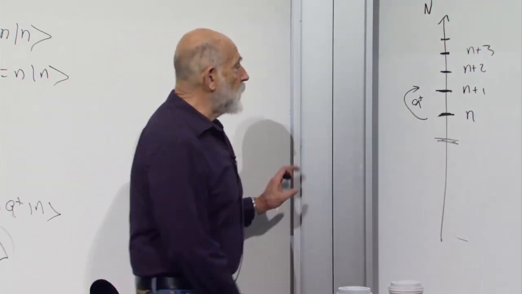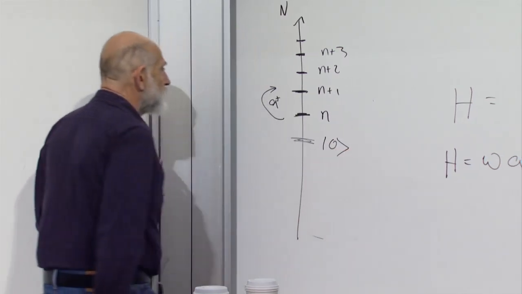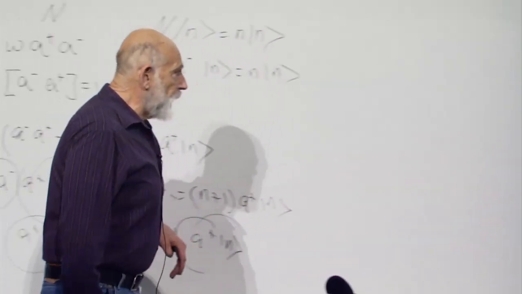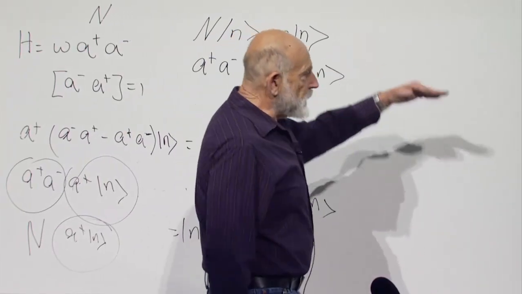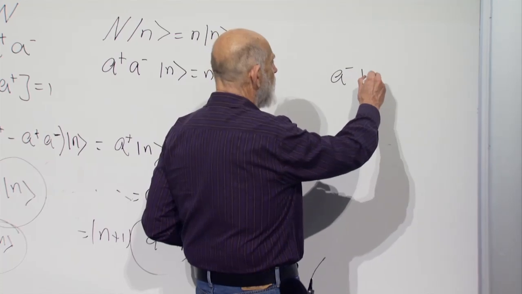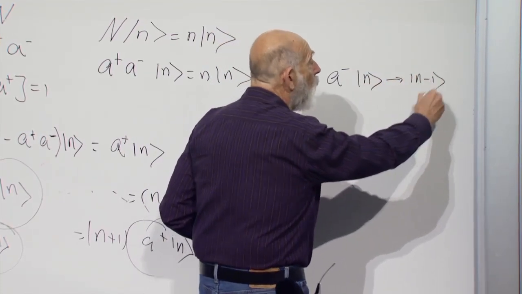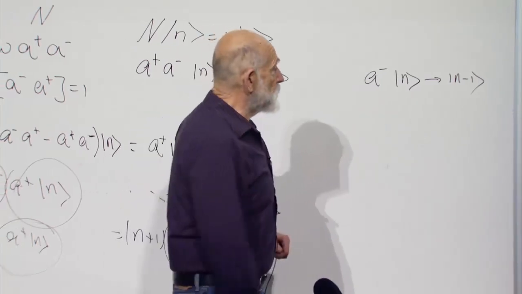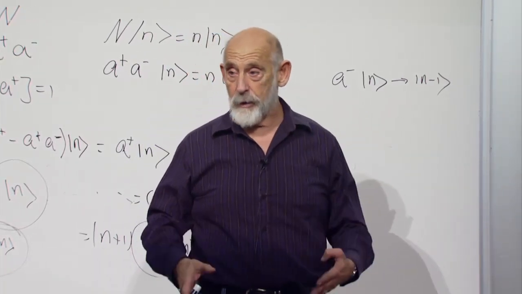That last one is called the ground state, and it's usually labeled 0. You can't go indefinitely down. What does that mean? What takes you down is A minus. So A minus on n takes you to n minus 1, or it takes you to 0. Or it just kills a state, so there's nothing below it.